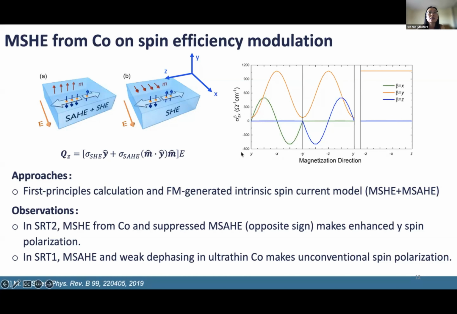So here in SRT2, which is the PMA, the MSHE from cobalt suppresses the X component, which has opposite sign, and enhances the Y spin polarization, which is close to the peak of the sinusoidal curve here. And in SRT1, which is weakly in-plane magnetized, the MSHE and the weak tilting in ultrathin cobalt make unconventional spin polarization, with the magnetization state near the peak of the green one.